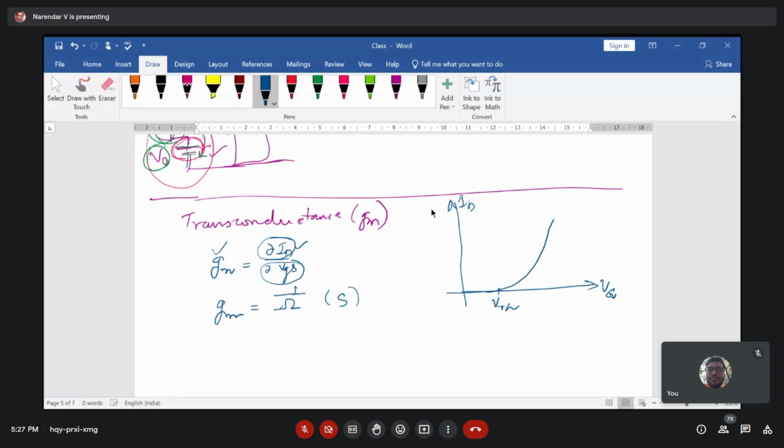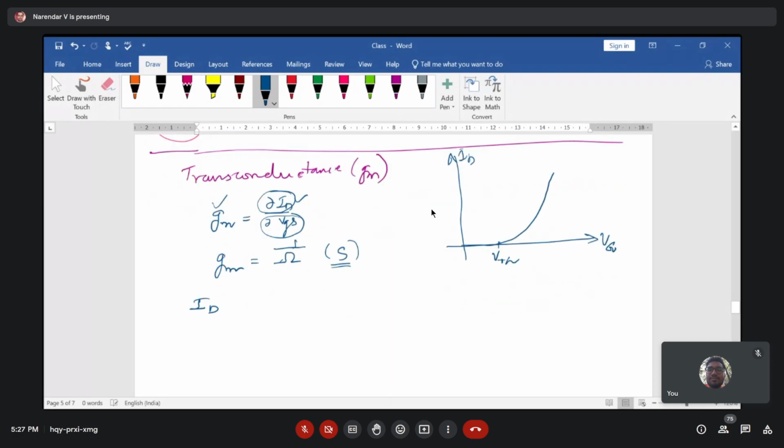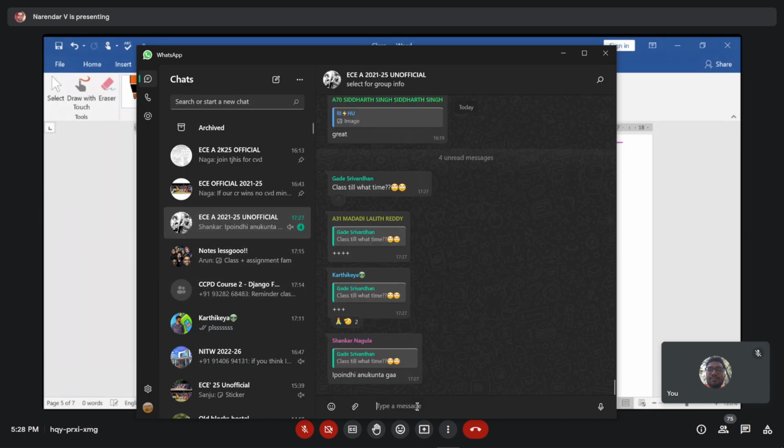You can call it Siemens, and the symbolic representation is capital S. So when we consider the current ID, which is half mu n COX W by L (VGS minus VTH) whole square, under the saturation region of operation, the GM value, which is del ID by del VGS, is mu n COX W by L into VGS minus VTH. Okay, so how are we obtaining this?